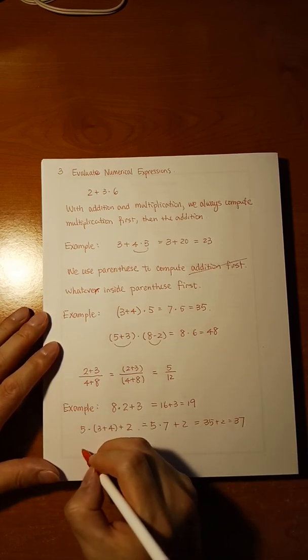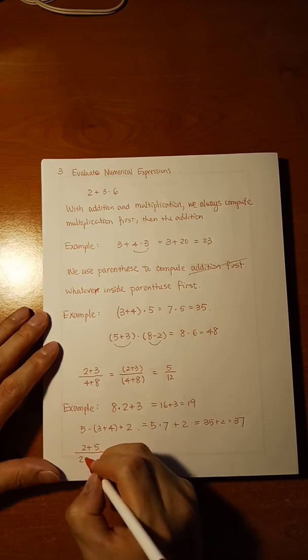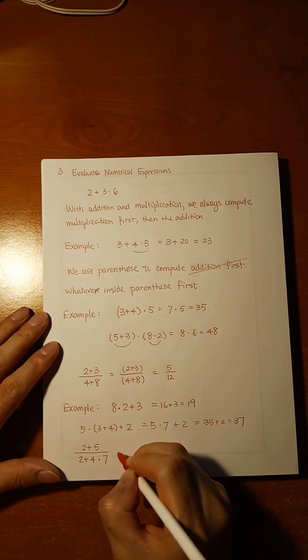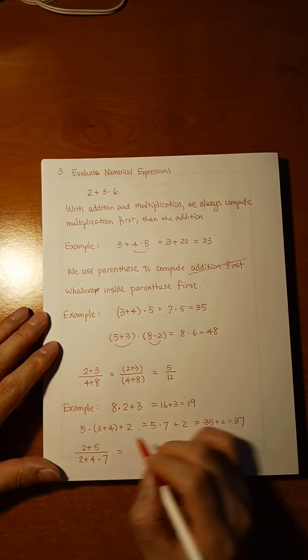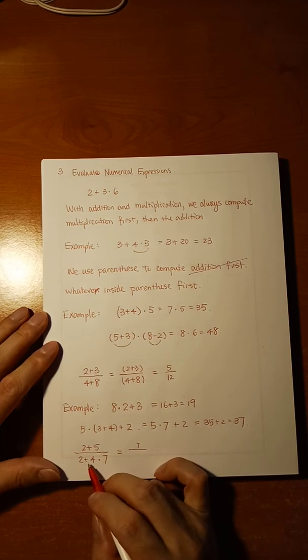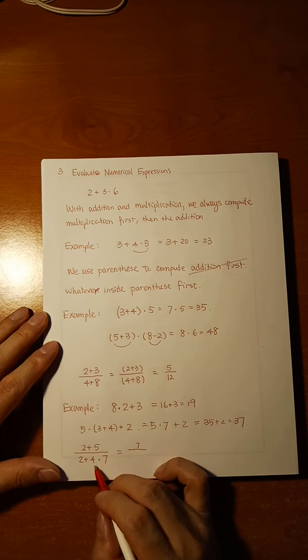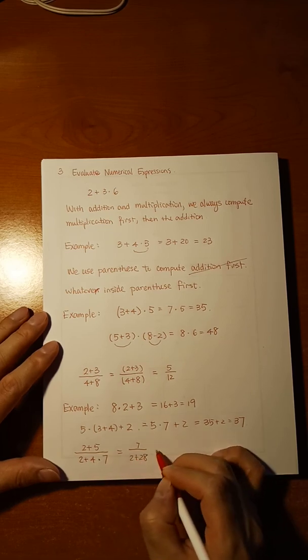If you have a fraction, remember it has two different regions. For the top, you get 2 plus 5. It's just 2 plus 5. It's 7. For the bottom, it is 2 plus 4 times 7. So you have to compute 4 times 7 first. 4 times 7 is 28.